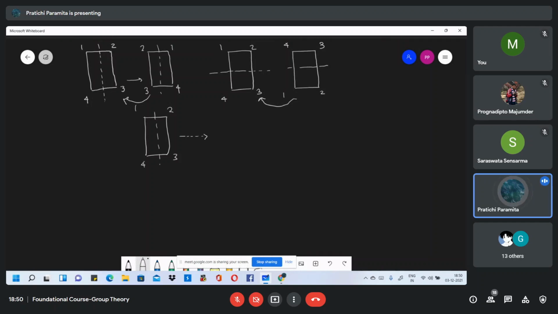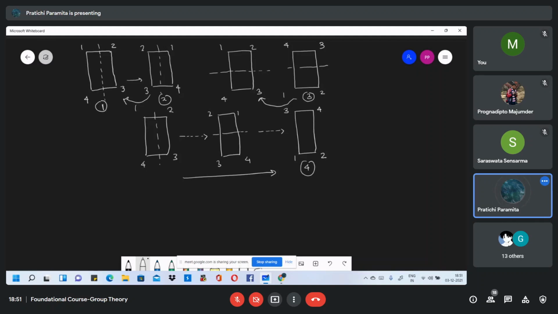This is an intermediate step. I'll get 2, 3, 1, 4. Here I flip it about this axis. And so this is actually what is happening. And here I'll get 3, 4, 1, 2. So this is one element, this is the 2nd element, this is the 3rd element, and this is the 4th element. And this is the symmetry group of rectangles. So geometrically, V is representing the symmetry group of rectangles.